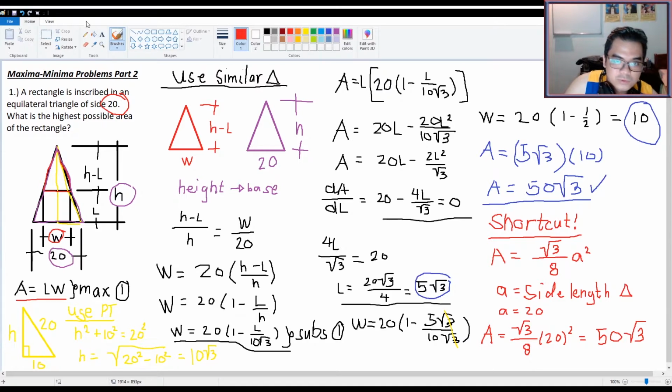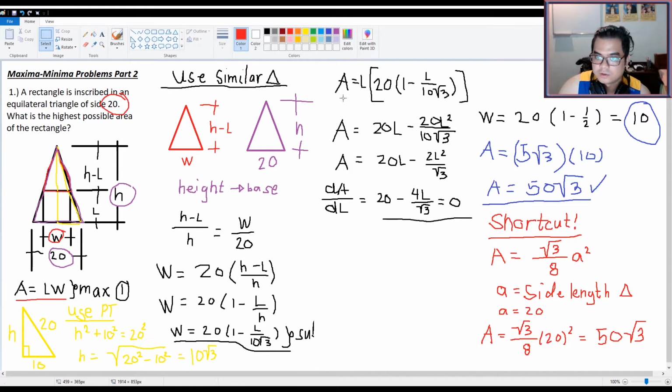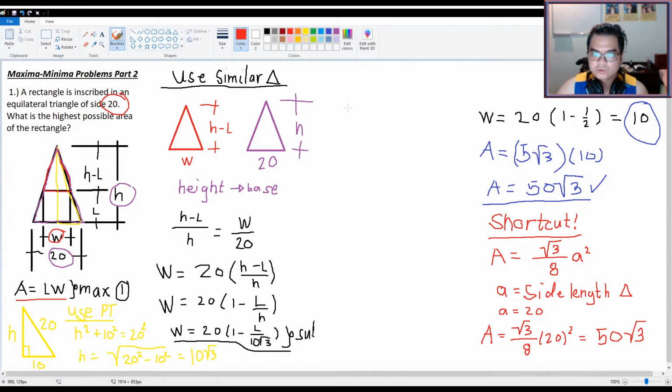Okay. Now, let's just erase this one. So if you're asked now to find the length and the width of the triangle, the length is just square root of 3 over 4 times a, while the width is equal to a over 2.